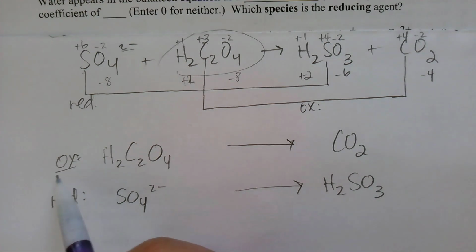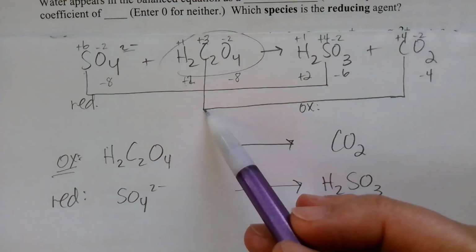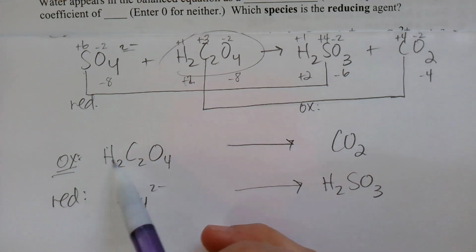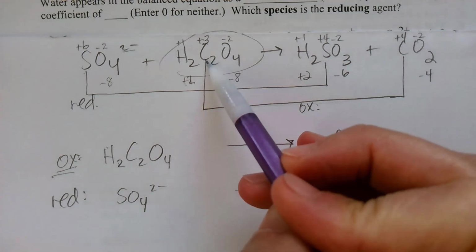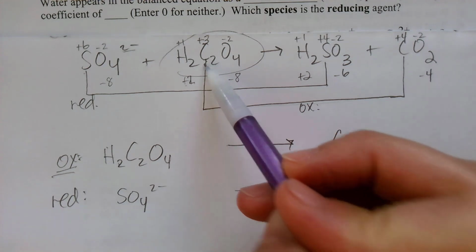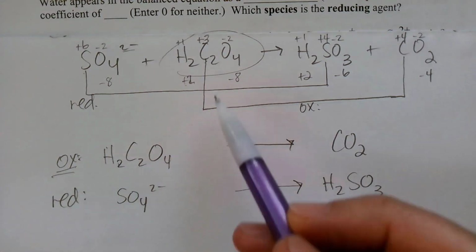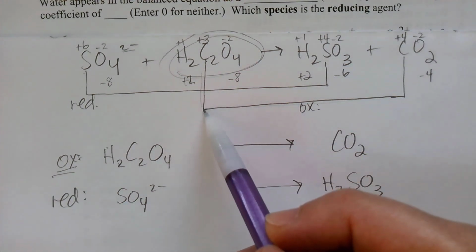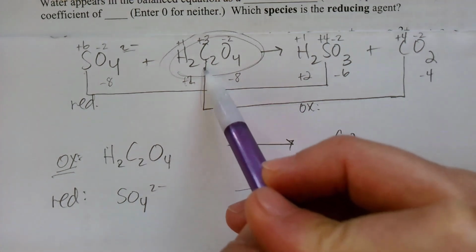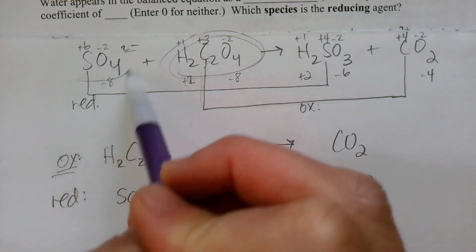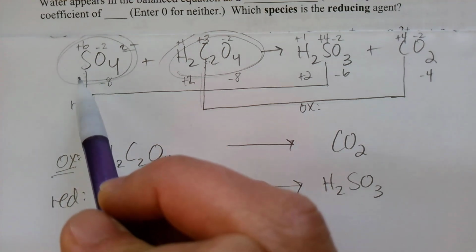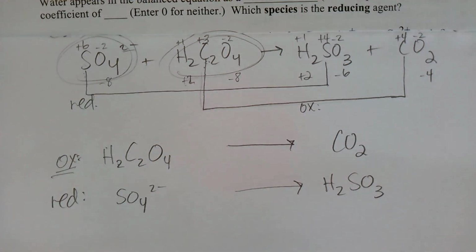Now remember, if this is what's being oxidized, then it is also the reducing agent. So whatever species is being oxidized is the reducing agent. Whatever species is being reduced is the oxidizing agent.